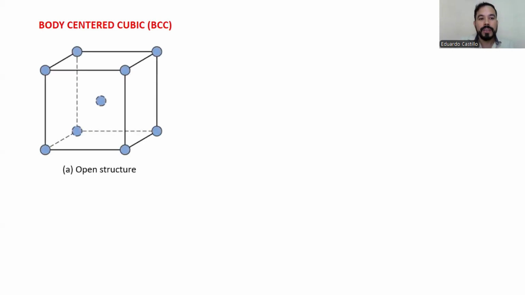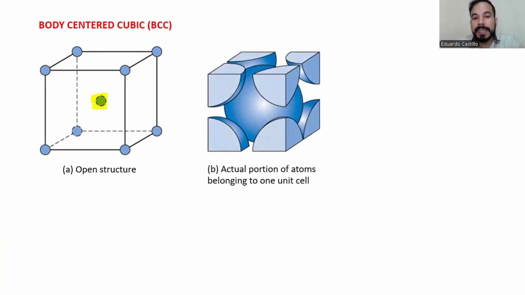Now let us talk about the body center cubic, or BCC. In a body center cubic, we have the open structure that will look like this, very similar to the simple cubic, plus the fact that we have an additional atom. So here this atom that is in the center is an additional atom. So representing the actual portion of atoms that belong to one unit cell, we will have 1, 2, 3, 4, 5, 6, 7, which is hidden, and 8.